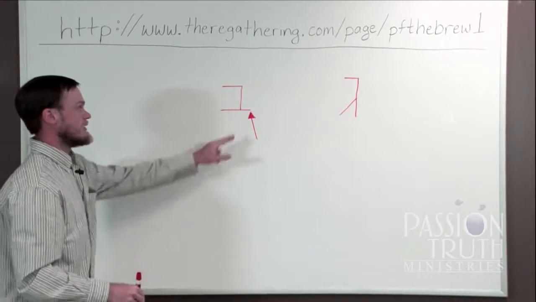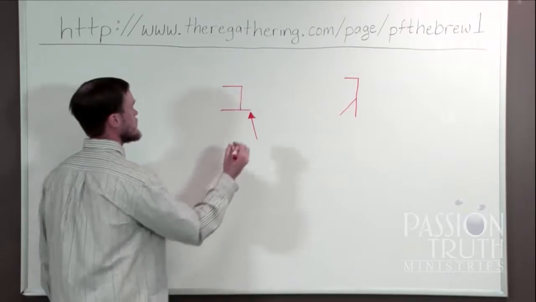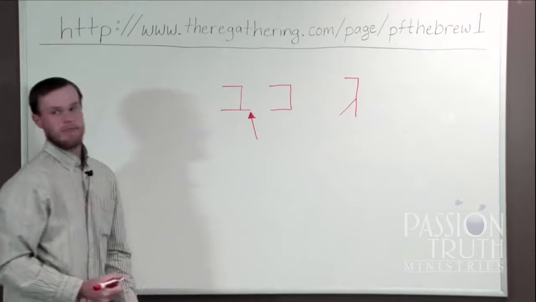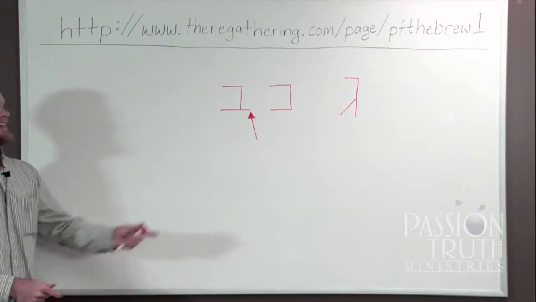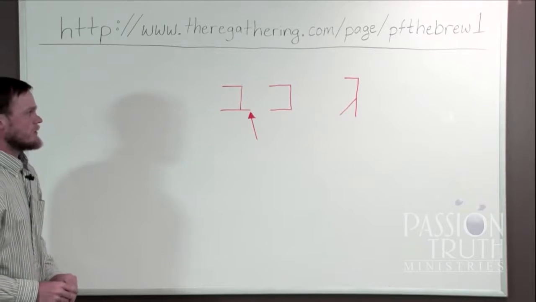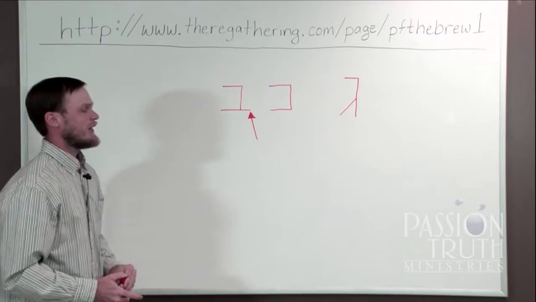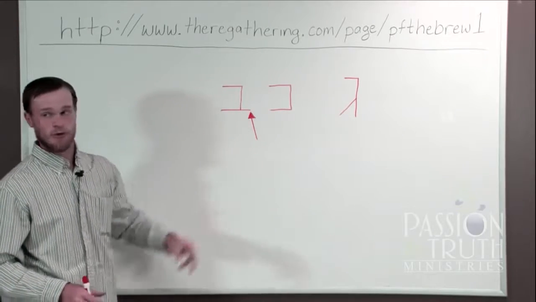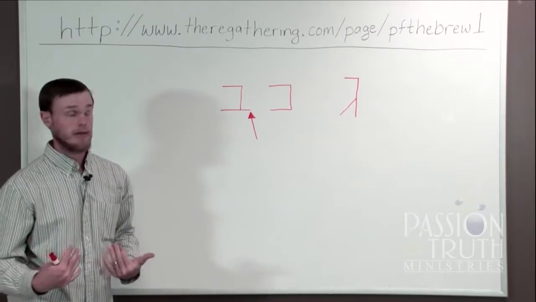Okay? The reason that's important is because there's another letter that looks like this. Okay? Another letter that lacks that tail. And that letter is not a beit. So now I'm going to exaggerate these tails when I write things, so there shouldn't be any confusion in my script.